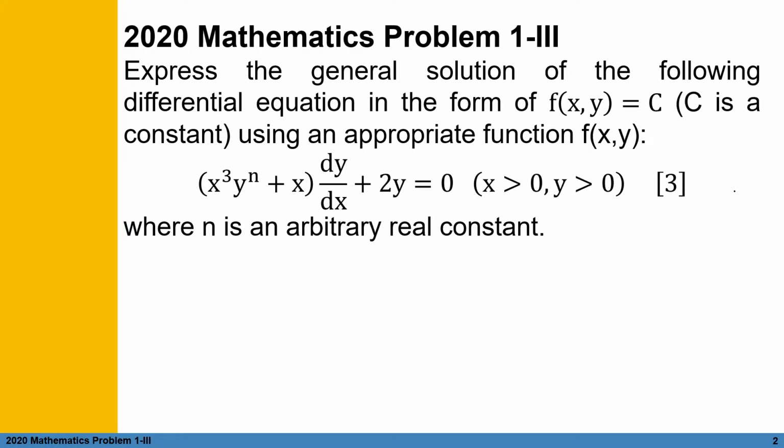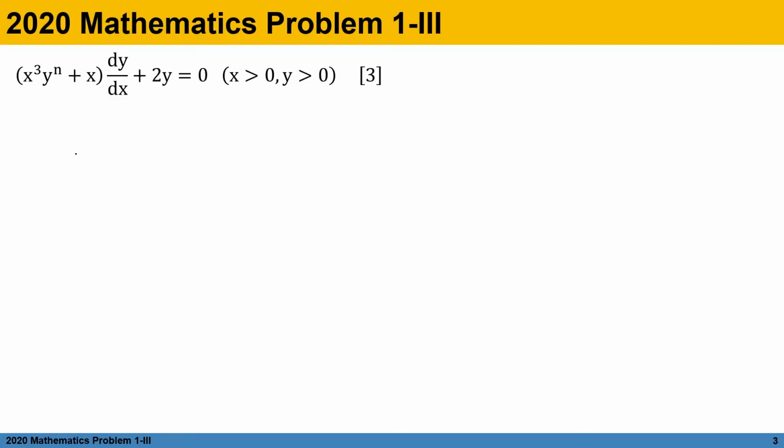To start with this problem, we can first simplify the given differential equation. We can first factor x from the first term. We can have x times x squared times y raised to n plus 1, then dy over dx plus 2y equals 0.